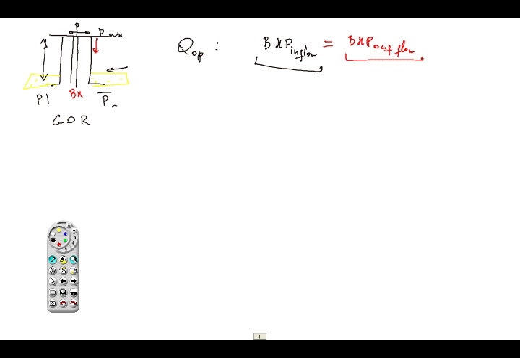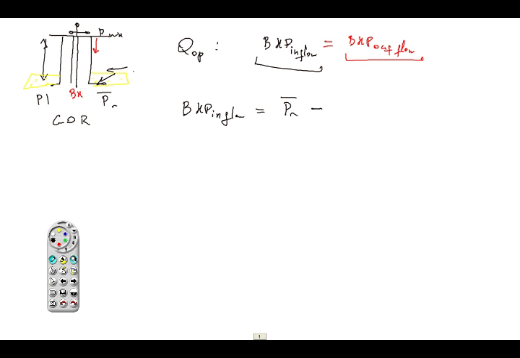Let's calculate our bottom hole pressure inflow first. So we start with our reservoir pressure. My pressure here will be reservoir pressure minus pressure losses across the formation.